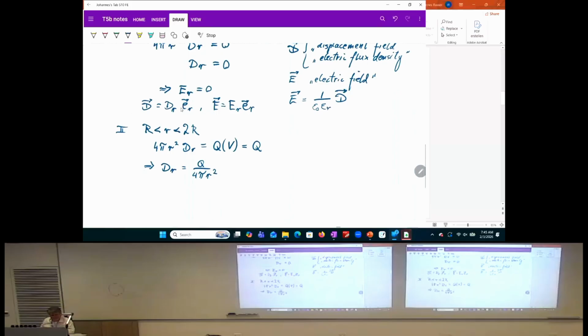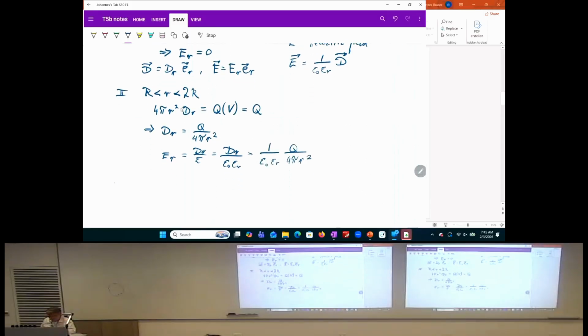This is a function of r, and accordingly our E_r, the electric field, is then D_r over epsilon in this material, which is D_r over epsilon naught times epsilon r, or whatever we denote it with. That would be then 1 over.